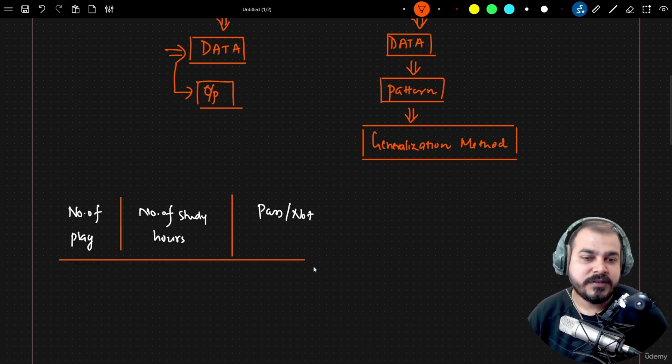These are the features for a student: how many hours he or she is playing, how many hours he or she is studying. Then we need to predict whether the person is going to pass or not.